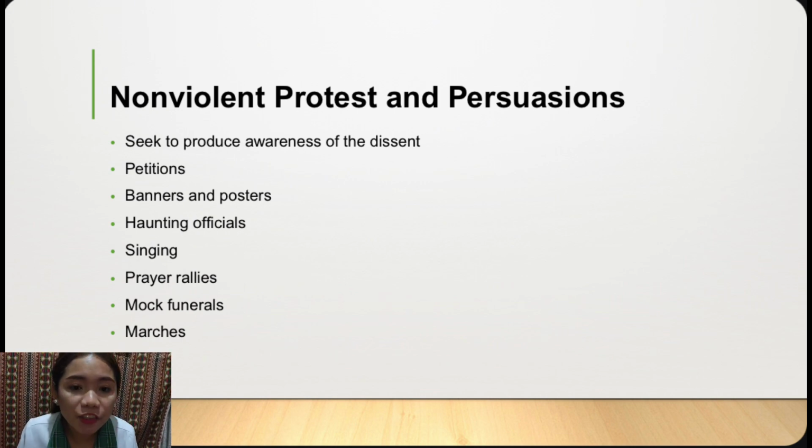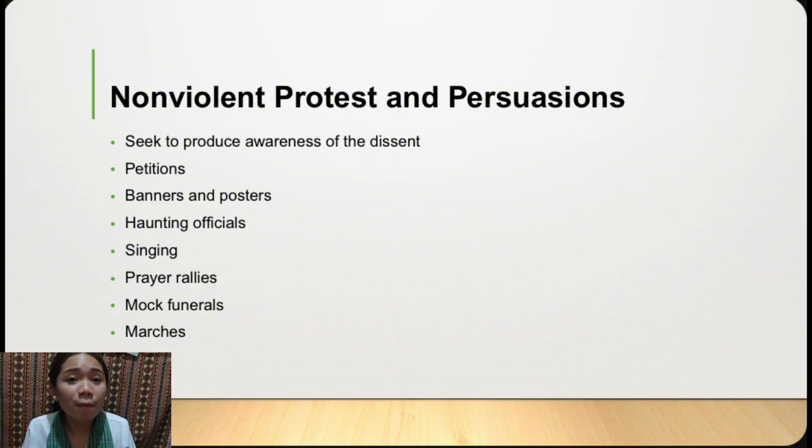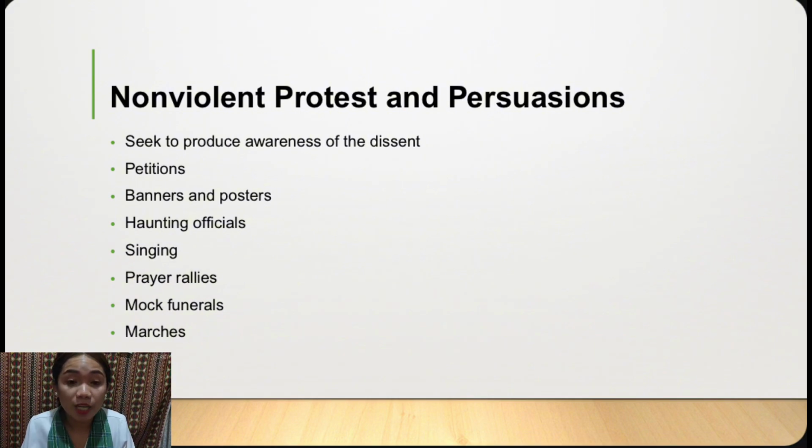Next is banners and posters. So nonviolent protests and persuasions have banners or posters just to disseminate information to the public about their solutions, and what we call, they want to impose certain actions to achieve or pursue peace and harmony.